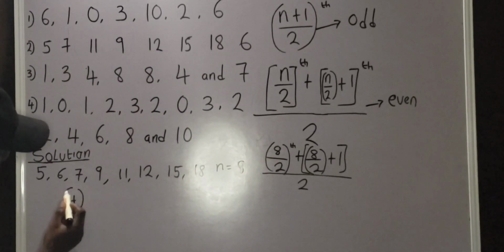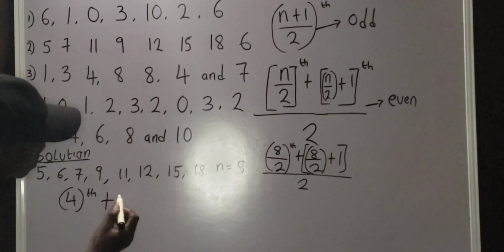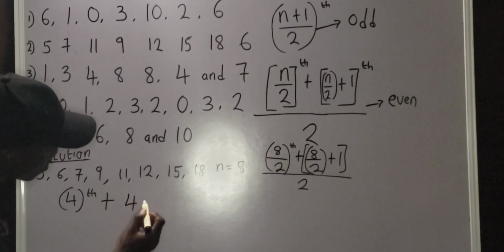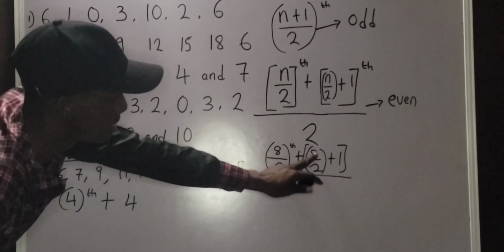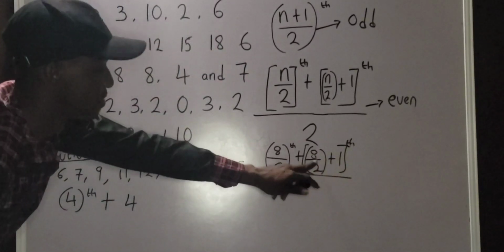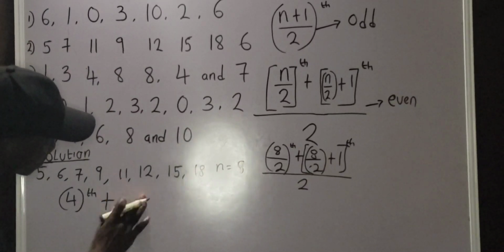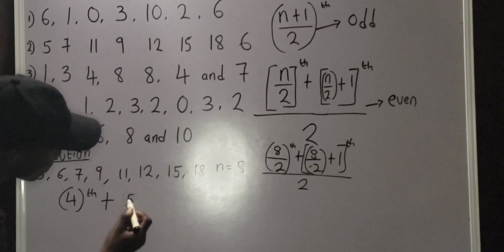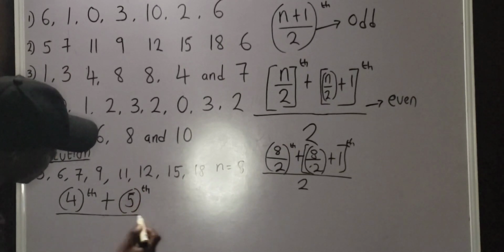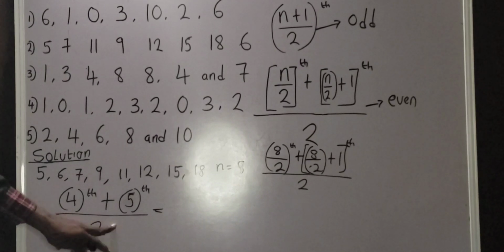The fourth term plus 8 divided by 2, that is 4, plus 1. 4 plus 1, that is 5. So this place will be the fifth term. So it is the fourth term plus the fifth term, all over 2. You understand? Okay, so I have gotten to this place.